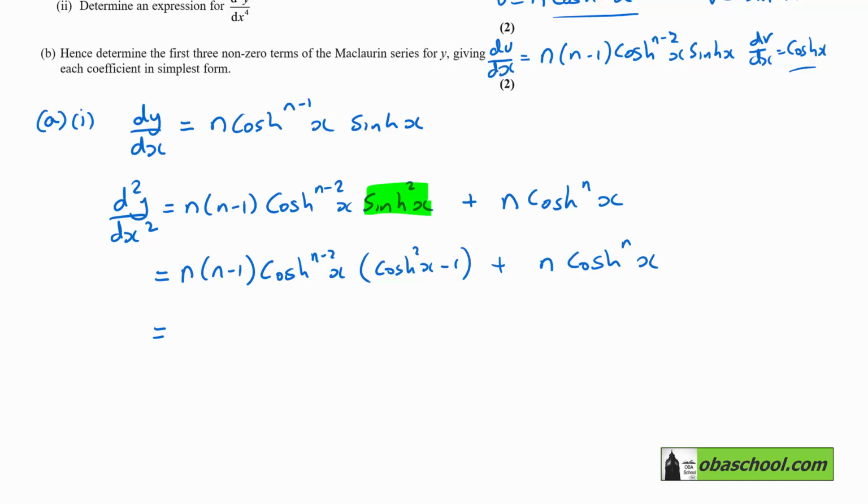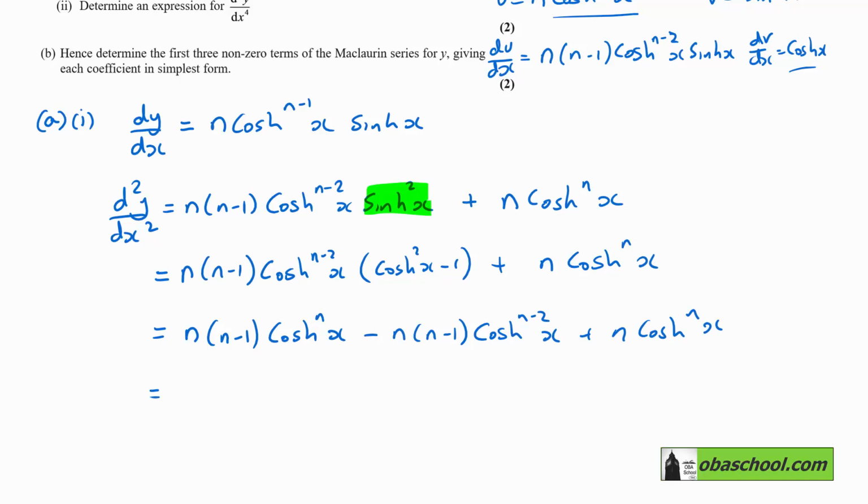So that is going to be n minus 1 cosh nx take away n minus 1 cosh n minus 2x plus n cosh nx.